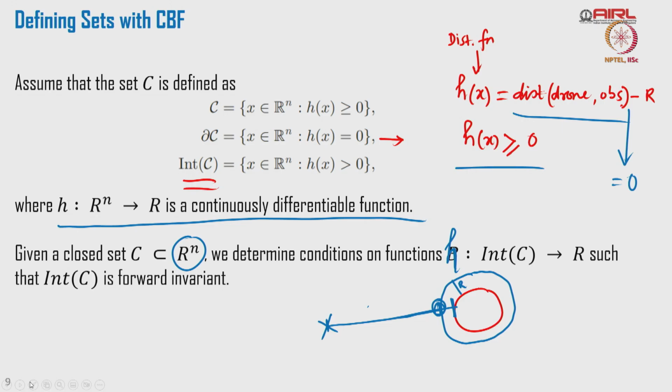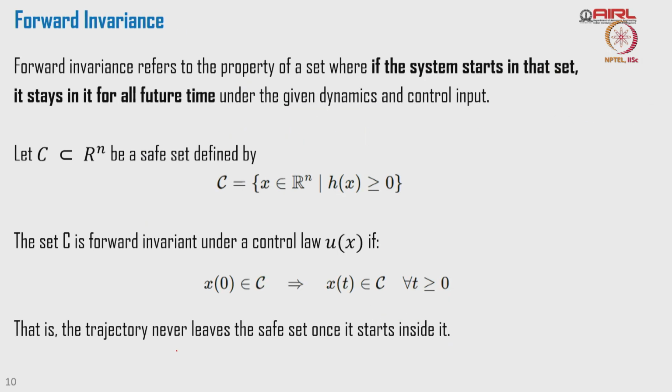Now this becomes another important concept: what is forward invariance? In the next slide we will see what is forward invariance, which is a very important and significant topic to understand control barrier functions.